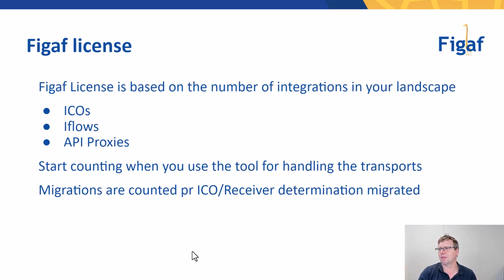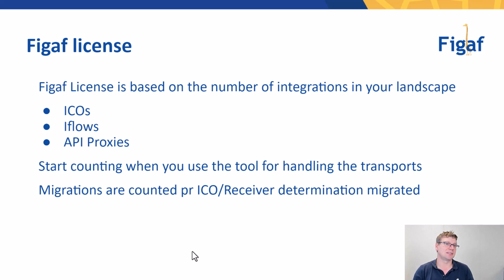The way the Figaf license works, we have a license server that your integrations or the Figaf tool connects to. The general way that we license the tool is on the development system, that if you have a named object in the development system, it is licensed. The objects that we license are ICOs, iFlows, and API proxies.